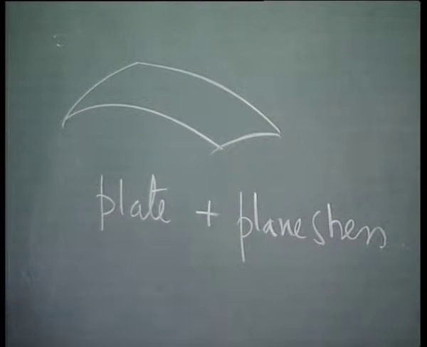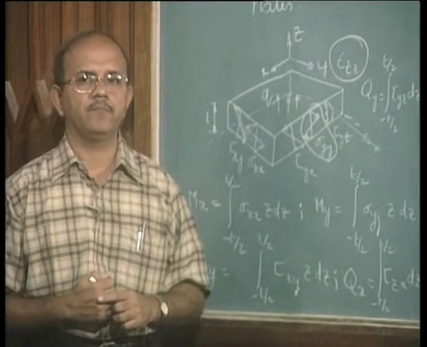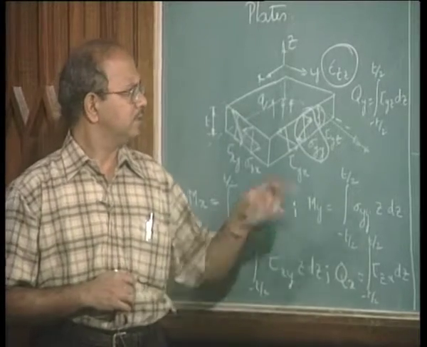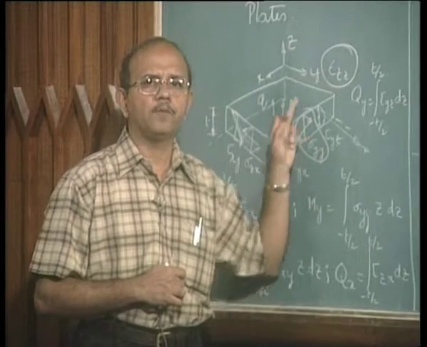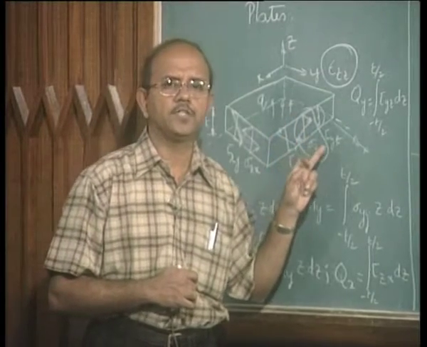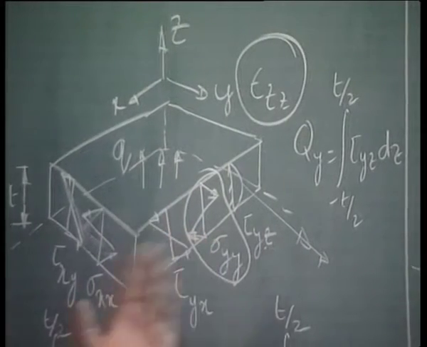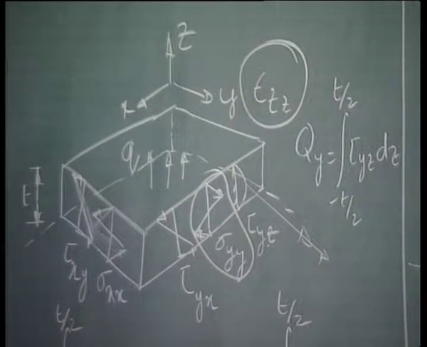So plate plus plane stress are combined to give the behavior of a shell. Immediately one thing comes to our mind: on top of the linear distribution of sigma y, we have one more distribution of sigma y which comes out because of the plane stress assumption.